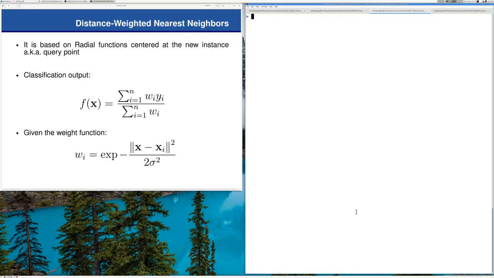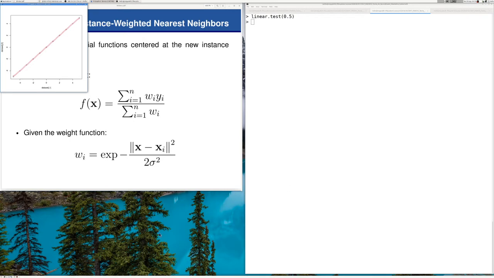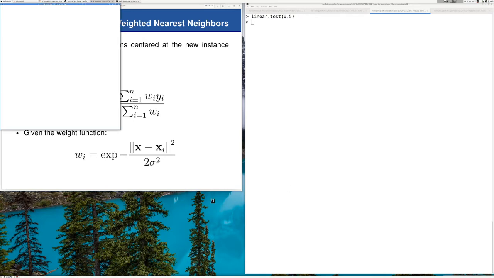So getting back over here, I will load up my DWNN source code and run my linear test. And in this linear test, I will define some sigma. Oh, let's start with 0.5, for example. Take a look what happens.